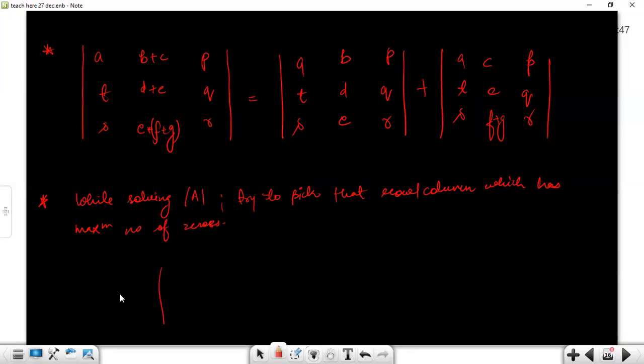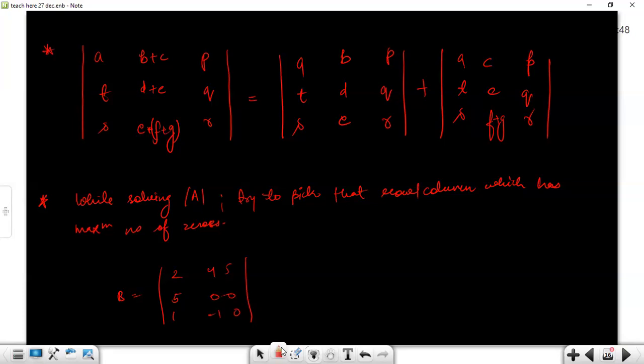So let me give you an example. In which row or which column are there maximum zeros?